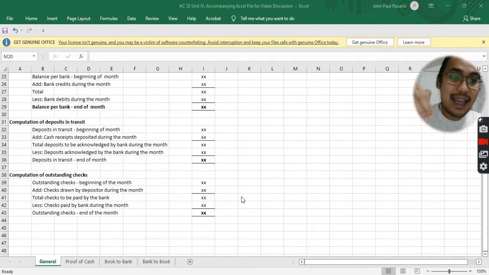You will deduct these things dito sa imuhang book receipts, and for deposit in transit dito nimo na siya i-deduct sa imuhang book receipts and sa imuhang bank receipts or bank credits, and then for outstanding checks naman dito nimo na siya ipang-adjust, dito sa imuhang book disbursements and sa imuhang bank debits.